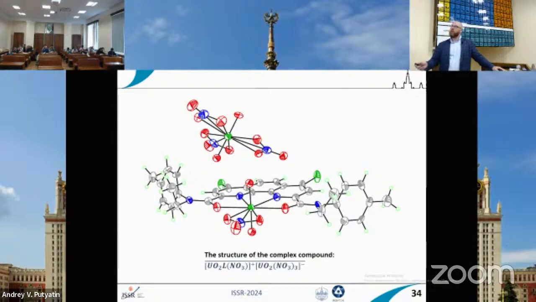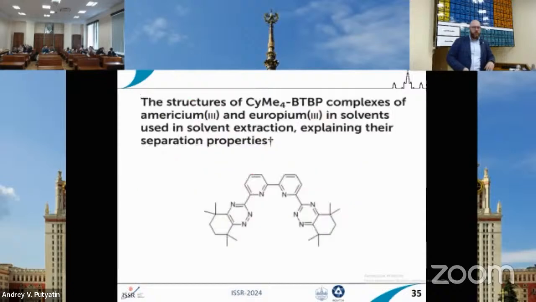So in one complex, you can find uranium, with the same oxidation state, but in two different forms, positively charged and negatively charged.